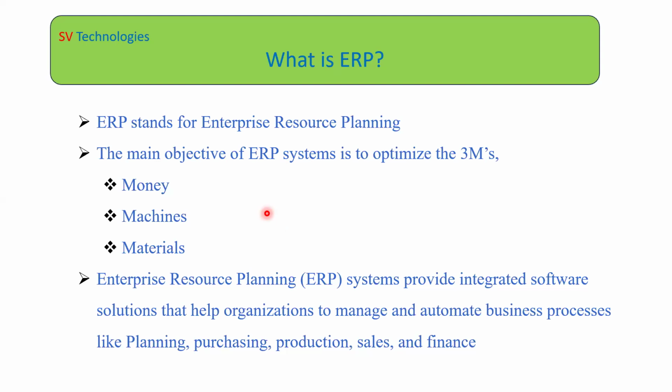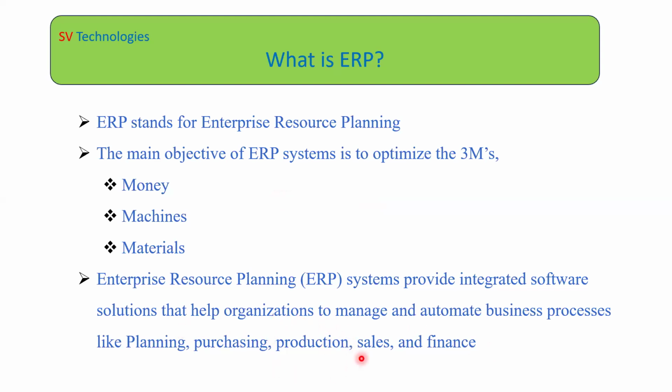So what are the different departments we have in the organization? We use ERP to automate and manage their business processes. Any organization will have these departments. If you take a manufacturing industry, production will be there.